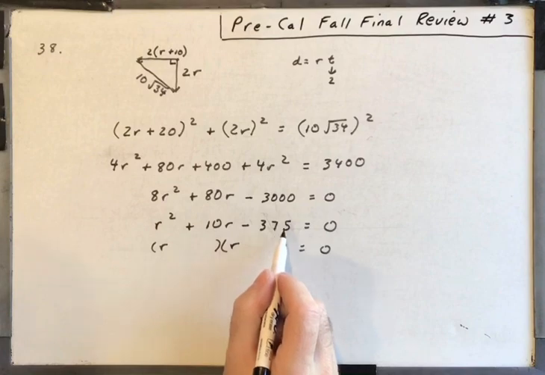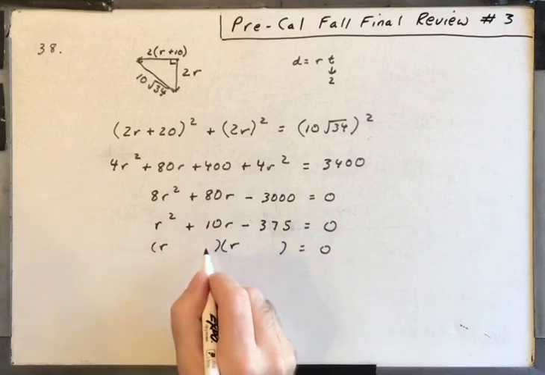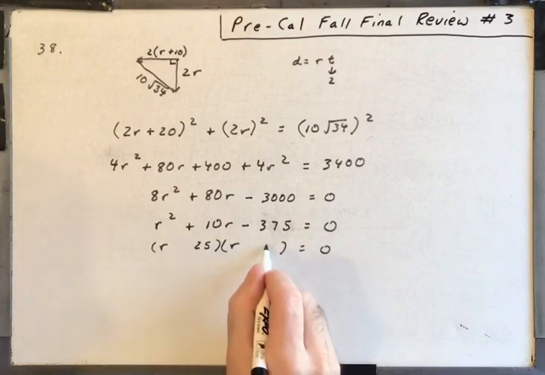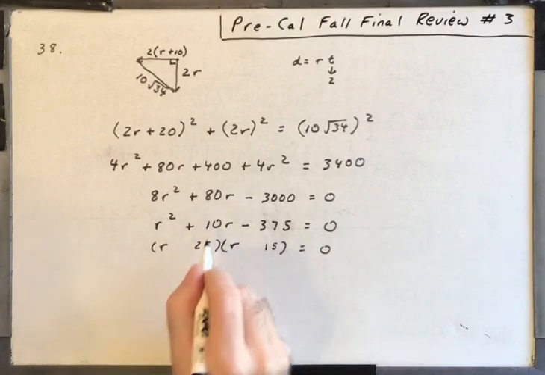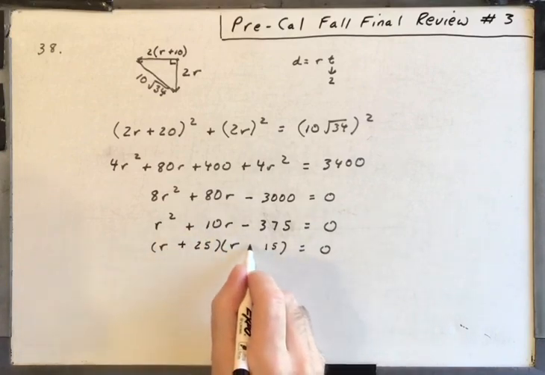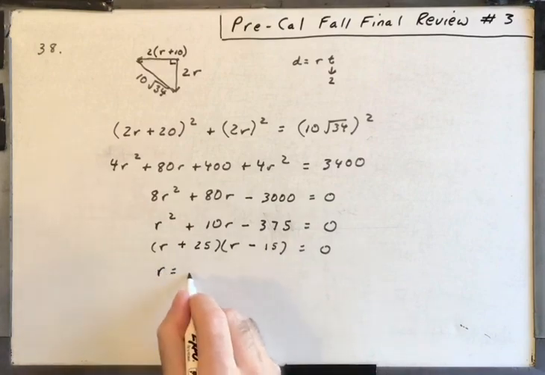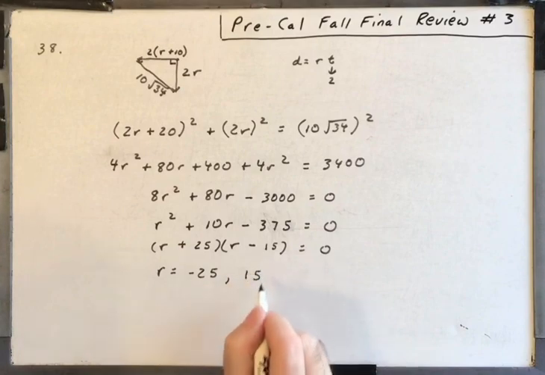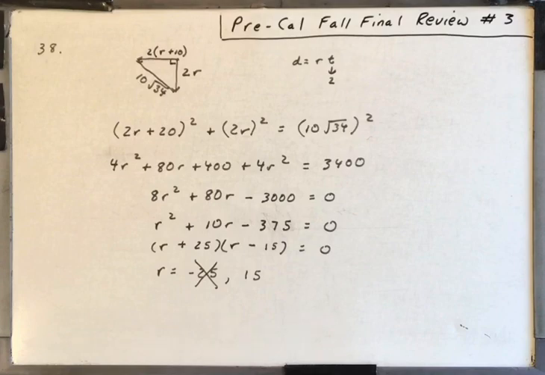Two factors of 375 that has a distance of 10 between them would be 25 and 15. So it's got to be, since we're going to positive 10, it'd have to be plus 25 and minus 15. So r is equal to negative 25 and positive 15. You know you're not going to have a negative rate, so that's extraneous.